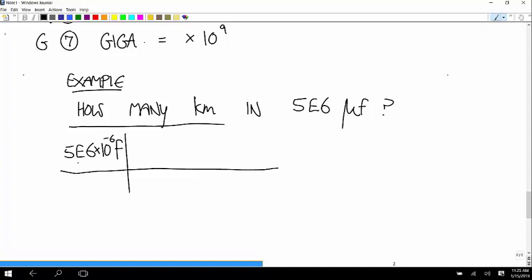And so now we know we're talking about 5 times 10 to the 6 times 10 to the minus 6 feet. Those cancel each other, but I'll just leave it in there for now. And then we know that we used the fact before that 1 meter is equal to 3.281 feet.